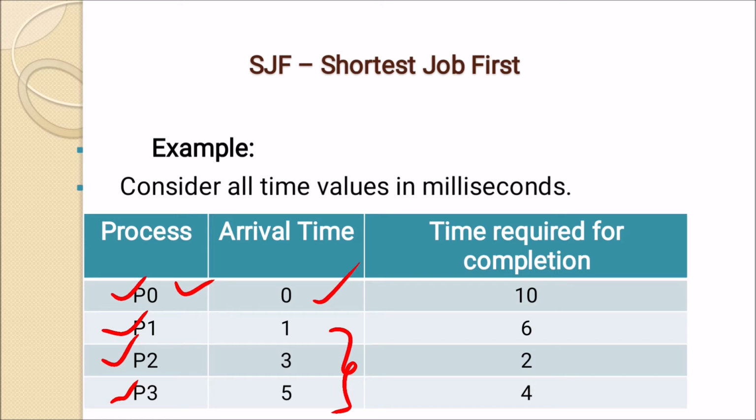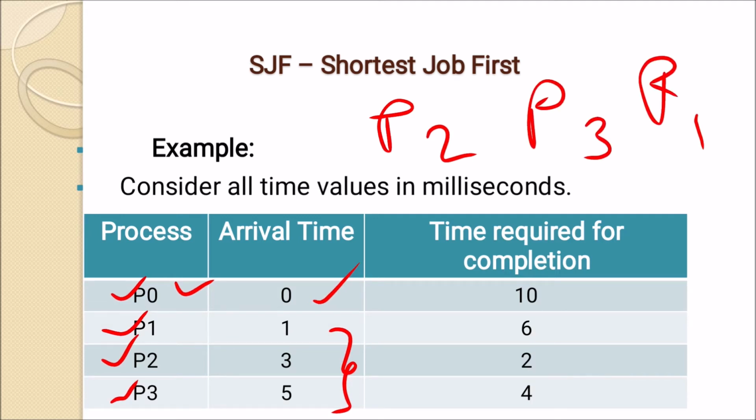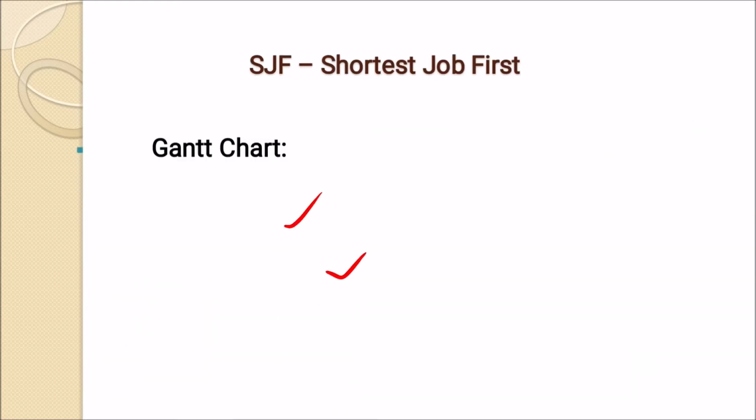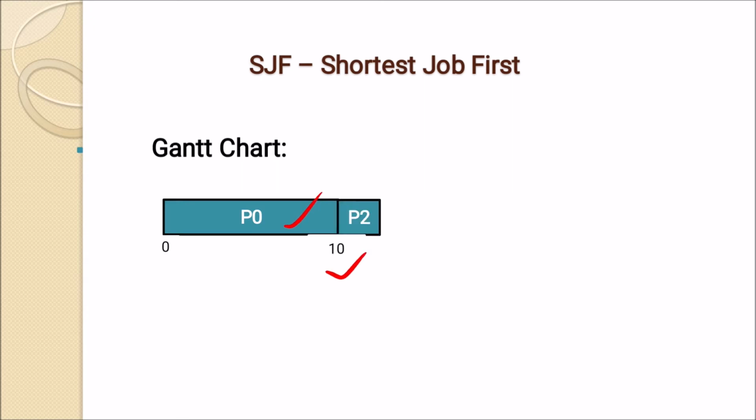Now we have three processes, P1, P2, P3, with CPU burst times 6, 2 and 4. We arrange them in ascending order: P2, then P3, and then P1. So the order of execution in the CPU will be P2, P3, and then P1.